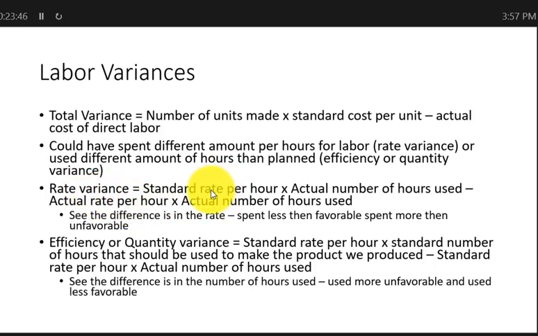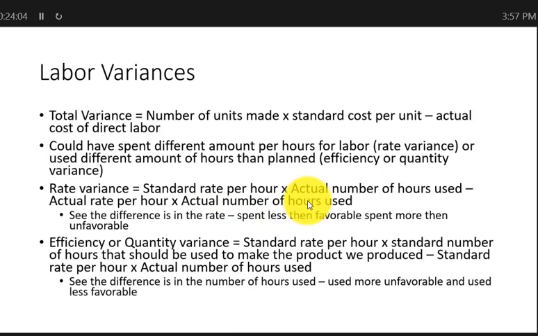We take the standard rate per hour times the actual number of hours used. So this is all of our people's hours added up. And then we take the difference with the actual rate per hour times the actual number of hours used.